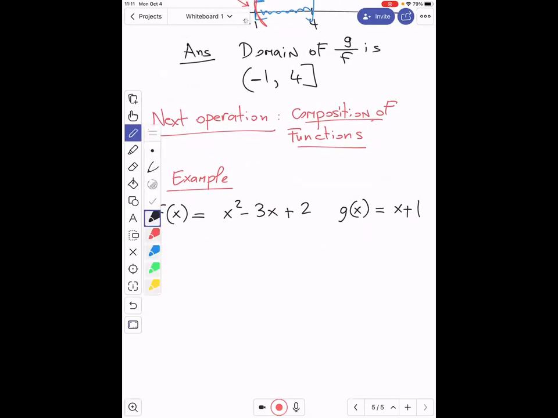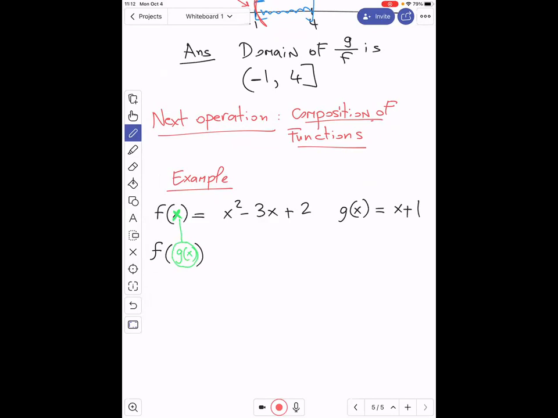I'm going to replace x by g of x in f, so I'm going to compute f of g of x. I'm going to substitute x, this green x right here, by g of x.